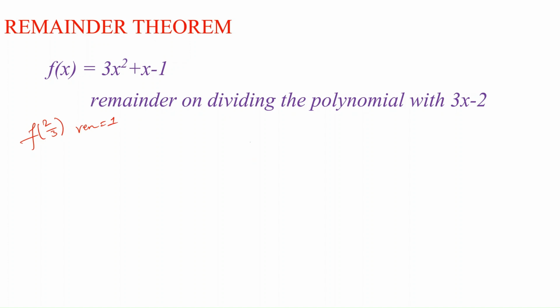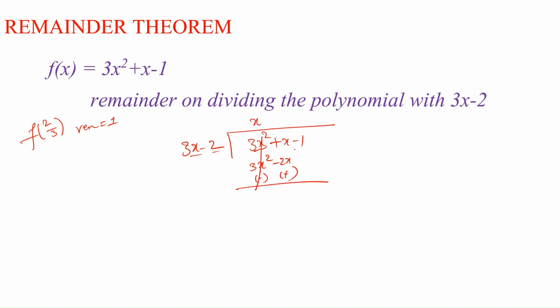We'll do the actual division, 3x square plus x minus 1 divided by 3x minus 2, to validate the result. So 3x squared by 3x is x, minus 2 into x is minus 2x. Subtracting means changing the signs.